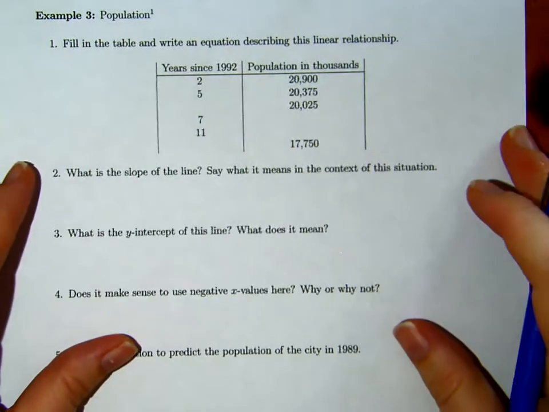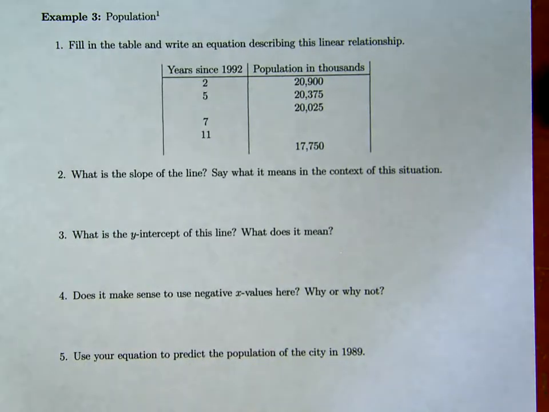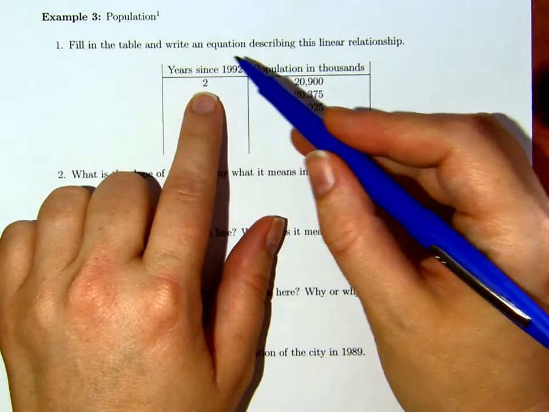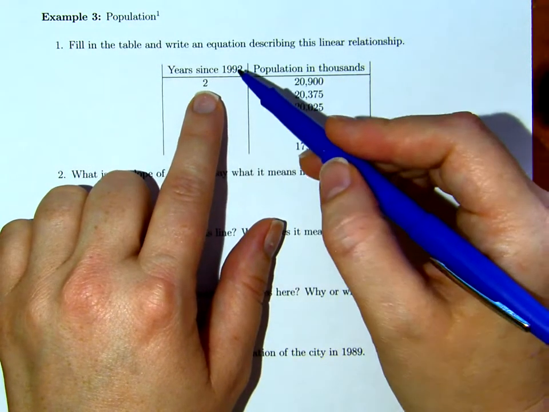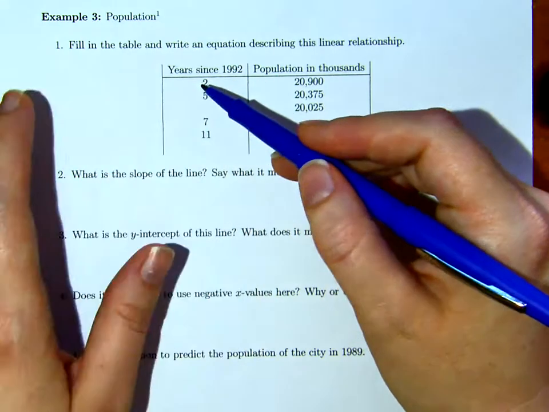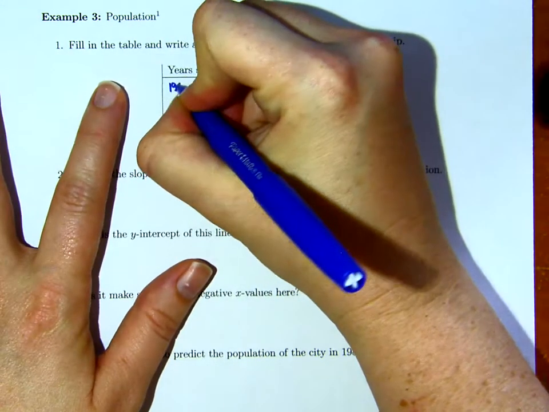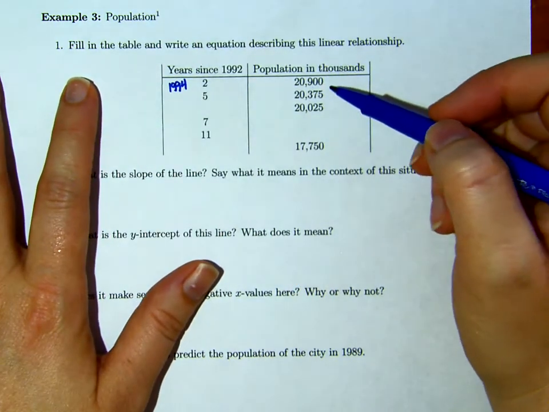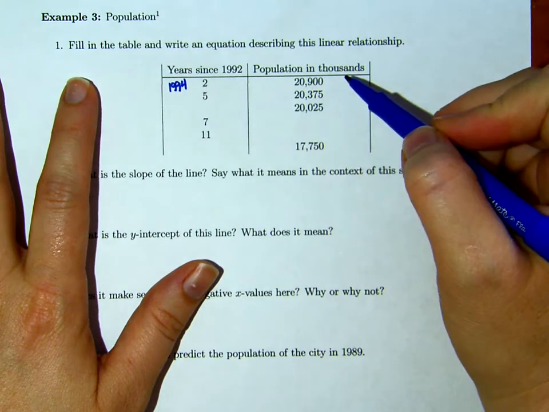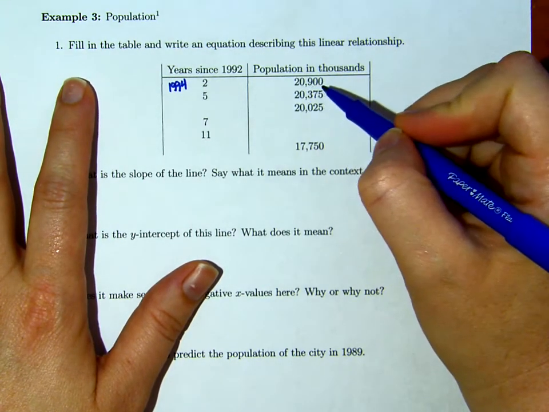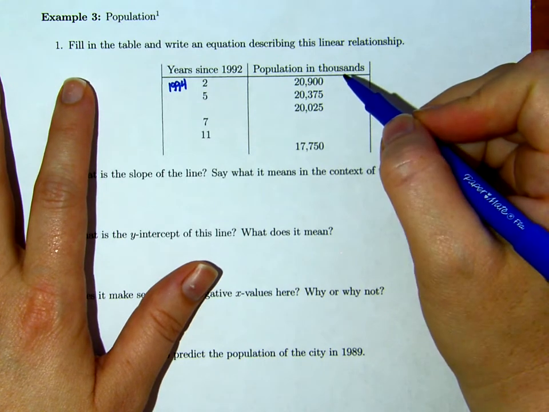Okay, let's go ahead and finish up section 3.7 with this example about population. So it says this is 2 years since 1992, and so it's not what it was initially in 1992, that's what it was in 1994. The population was 20,900. Ooh, population in thousands. Whoa, 20,900 thousands of people.